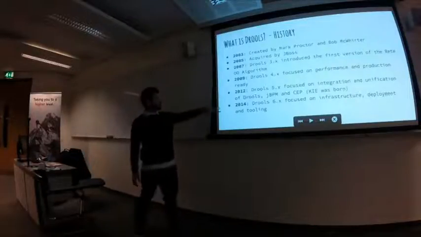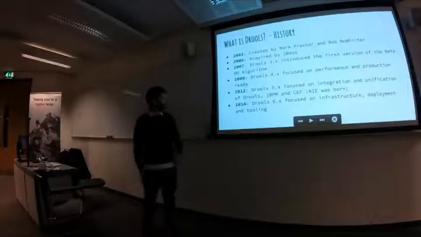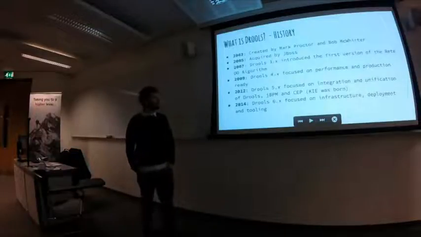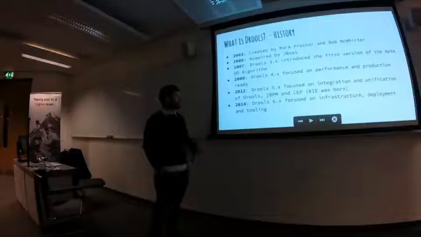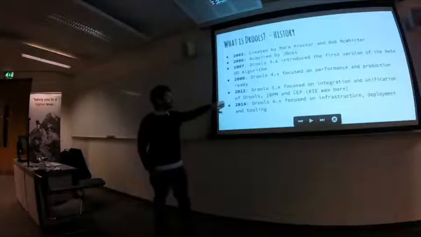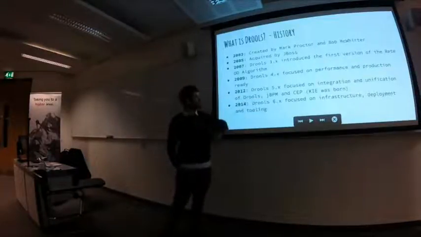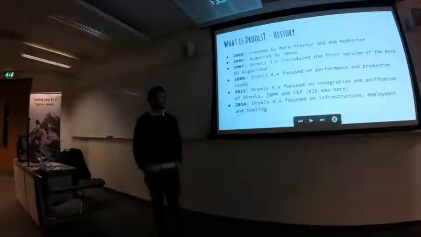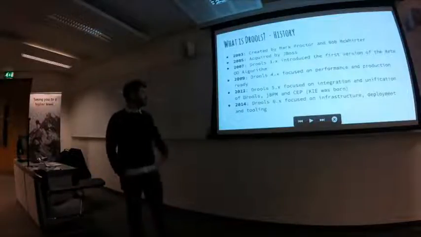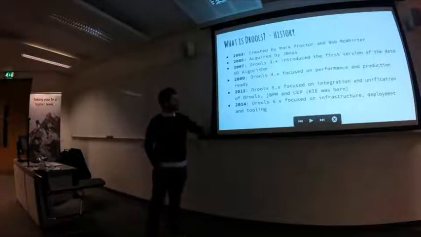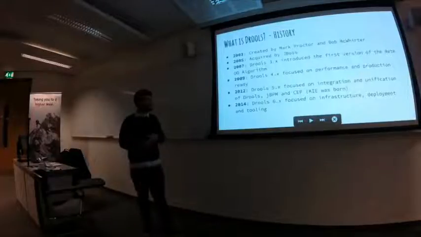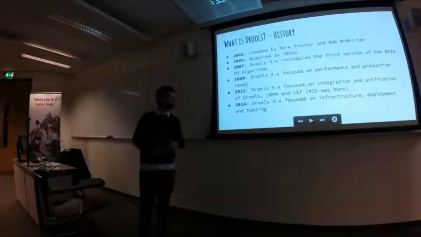Drools 6, which we started in 2014, was focused more on the tooling around the frameworks. Until here, we were talking about the rule engine as a framework, the process engine as a framework, and complex event processing. But now we are talking about the whole platform with infrastructure, for deployments and all the tooling around that infrastructure.